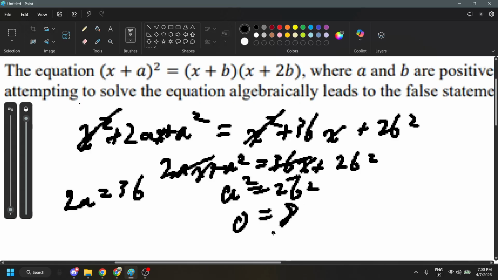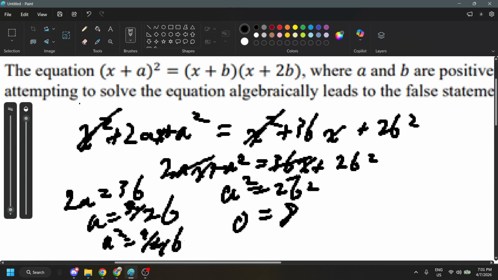So does that mean that a can't be equal to 0? So then what? At least we have this here, that a is equal to 3 over 2b. So a squared is equal to 9 over 4b squared.